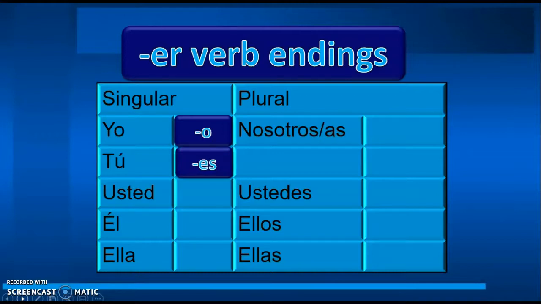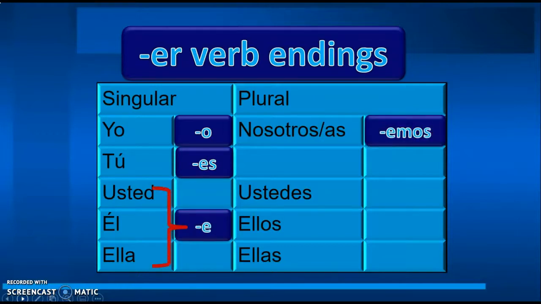For tú, the ending is es. For usted, él, or ella, the ending is e. For nosotros, emos. And for ustedes, ellos, and ellas, en. So the endings are o, es, e, emos, en. And remember, you always have to take off the er at the end of the verb before you add these endings.